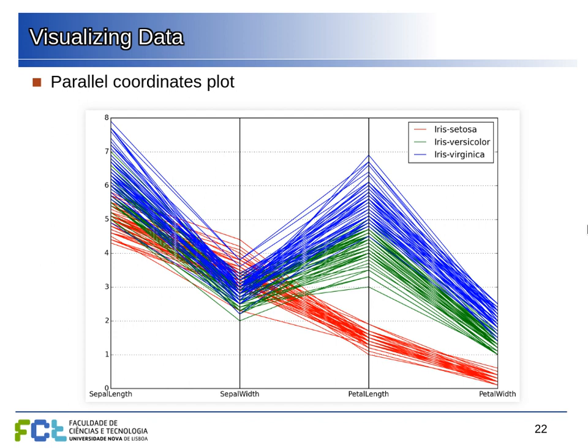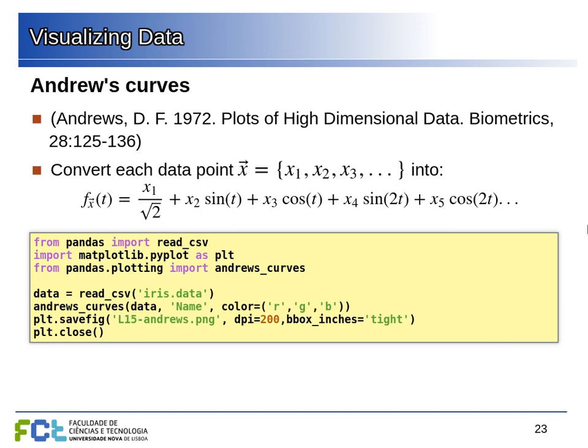For example, Andrews curves is also a representation for multidimensional data, where we draw each example as a line, but in this case it's a sinusoidal line, so with sine and cosine summed up, and for each feature we have one different frequency.